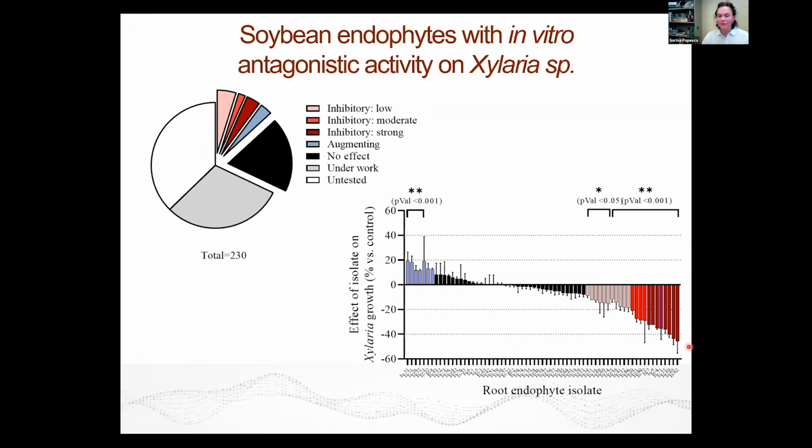So a few of them have a very, very strong inhibitory activity on Zalaria growth, some moderate, and a few low but still significant inhibitory activity. These have no effect. And surprisingly, we also see a few strains that actually increased Zalaria growth on the plate. So they augmented the growth of this fungus on the lab media.